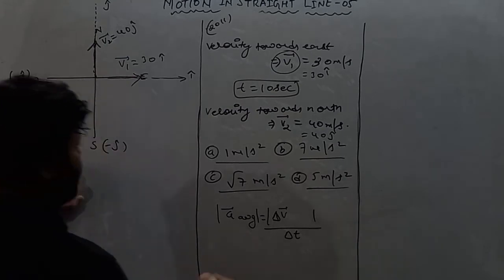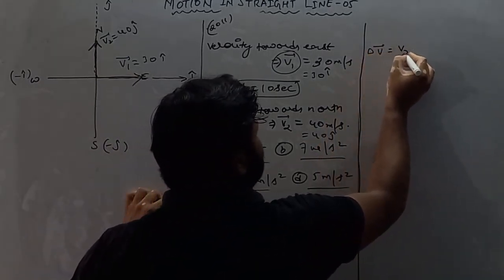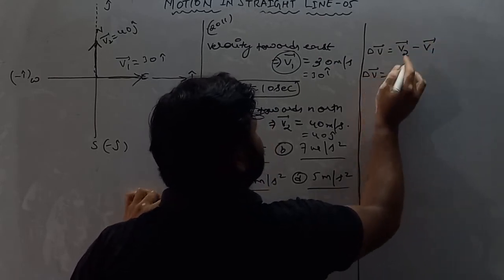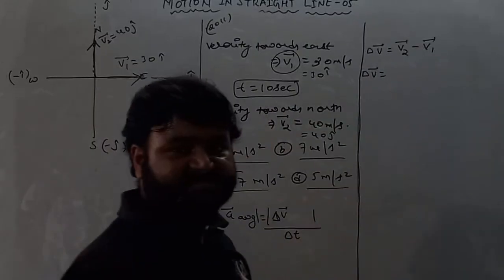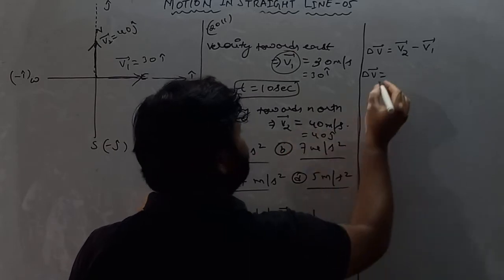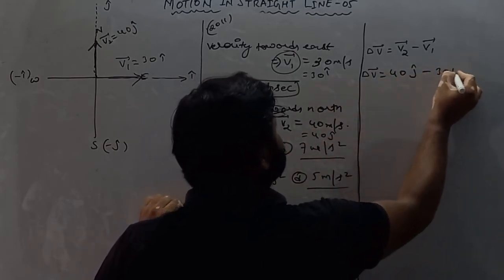So first you have to find change in velocity. Change in velocity is nothing but final velocity minus initial velocity. Final velocity is v2 vector and initial velocity is v1 vector. It's very simple. So v2 minus v1 is 40 j cap minus 30 i cap.